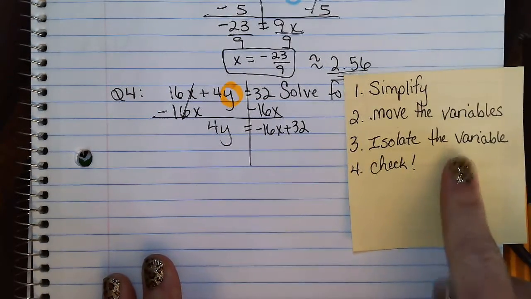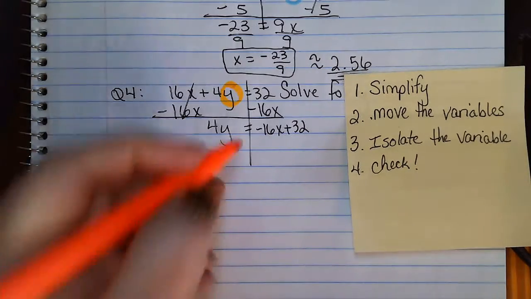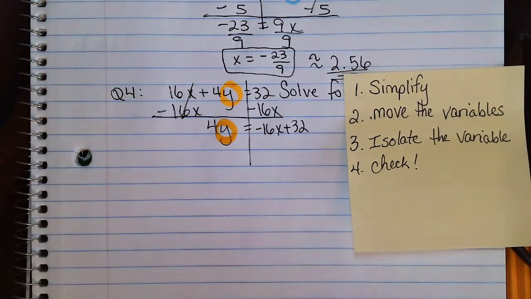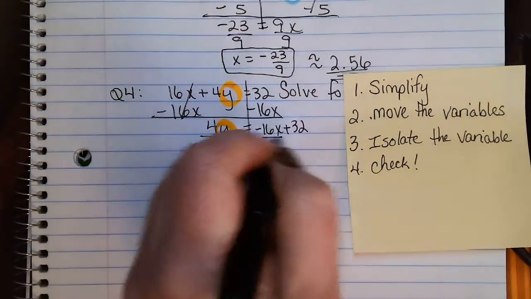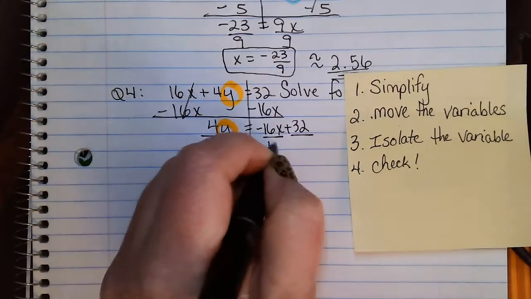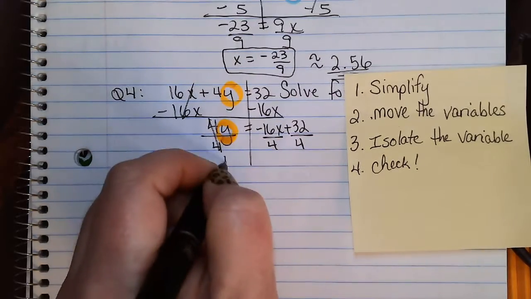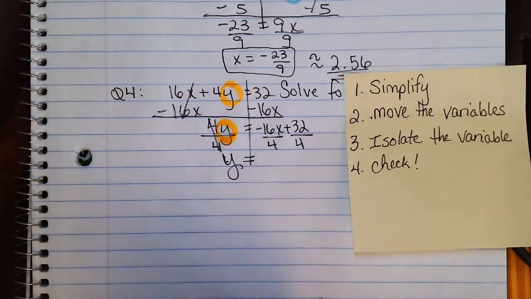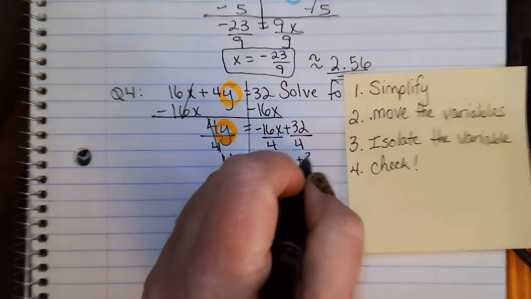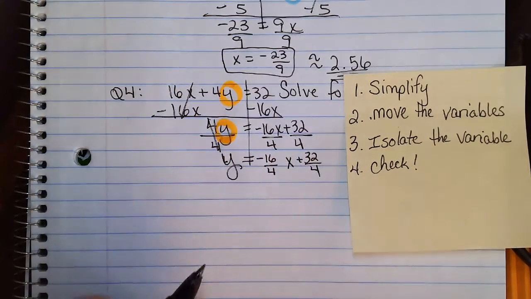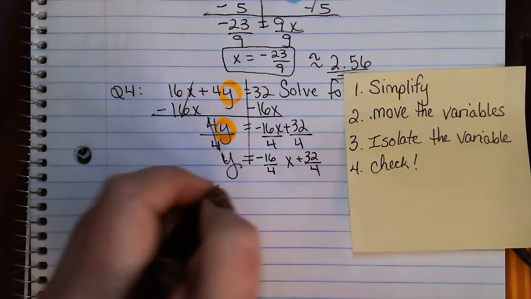I'm going to isolate my variable. I need to isolate the y. We're going to undo multiplying by 4 by dividing everything by 4. So y equals negative 16/4 x plus 32 over 4, and I'm going to simplify.